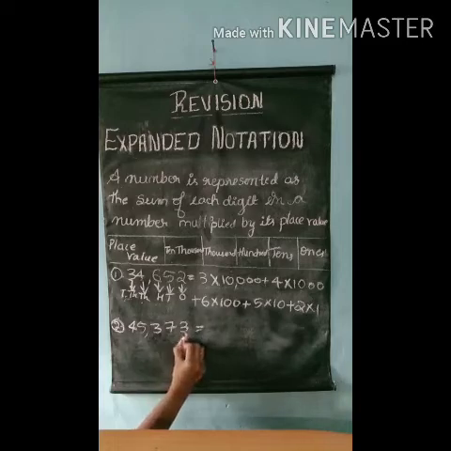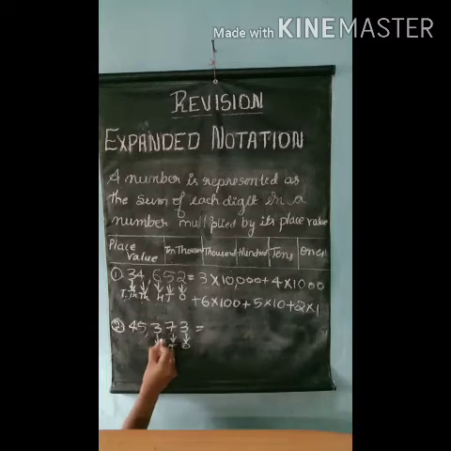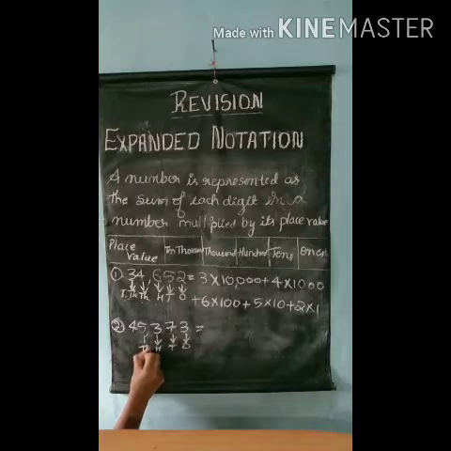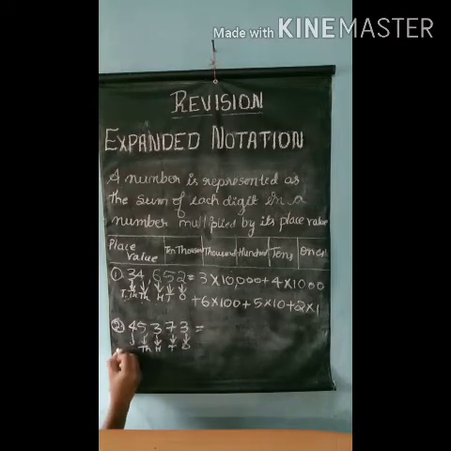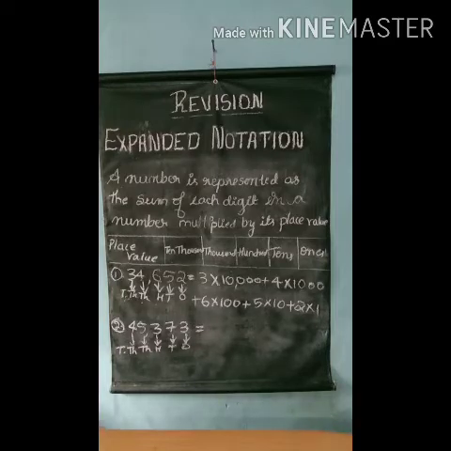First we label the place values: ones, tens, hundred, thousand, 10,000. What is the expanded notation? A number is represented as the sum of each digit in a number multiplied by its place value.